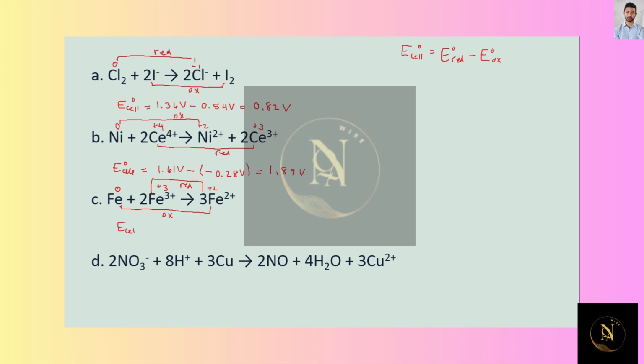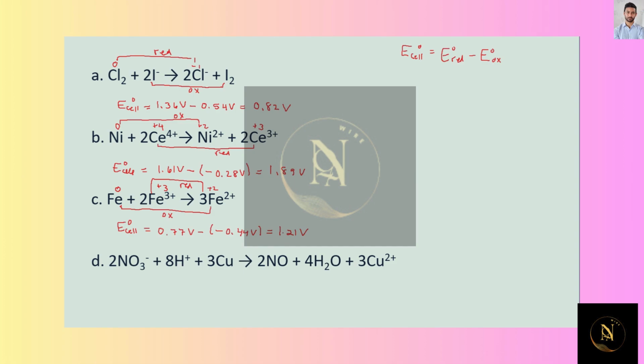You just have to be careful of the signs of the charges. So for the reduction, you're specifically looking at the one going from +3 to +2, and that's going to be 0.77 volts. Minus the oxidation, which is iron metal going to Fe2+, and that's going to be a -0.44 volts for a total E cell of 1.21 volts.